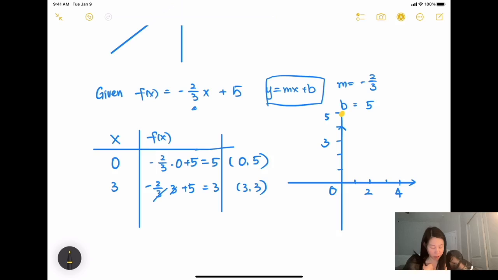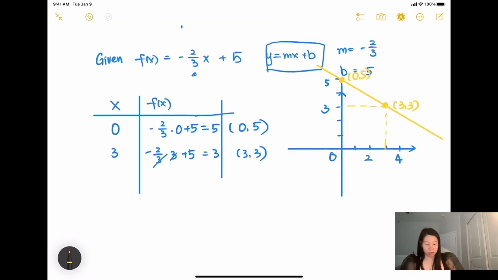The second one is 3, 3, which is here. We located these 2 points on the coordinate plane, and then we connect these two together. So here's your graph.